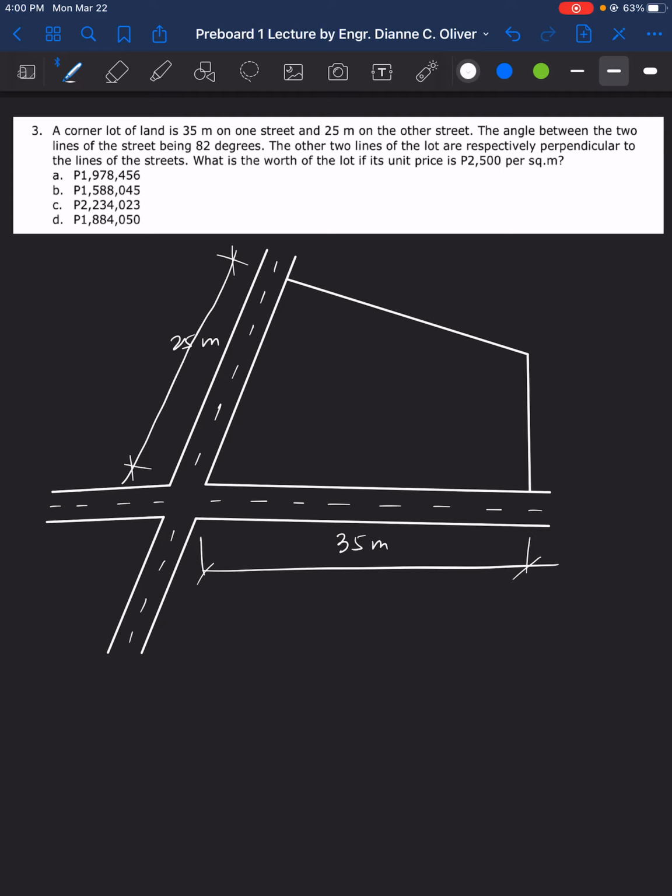There you go, 25, 35. Then the angle between the two lines of the street is 82 degrees, so the angle here is 82 degrees.